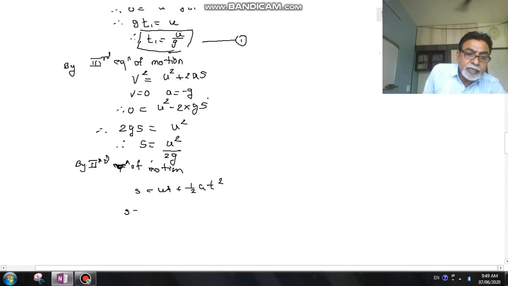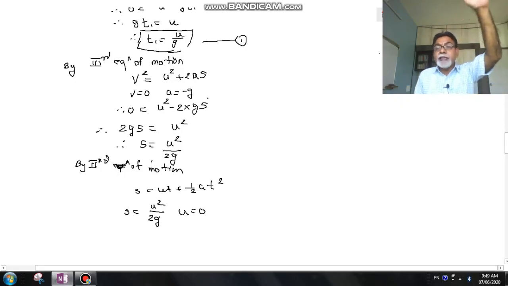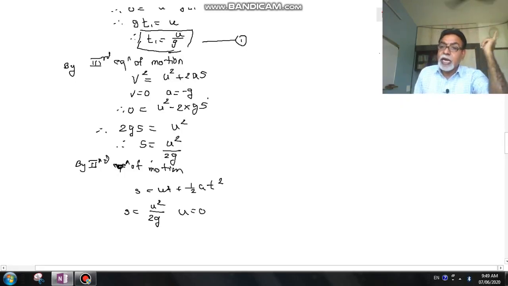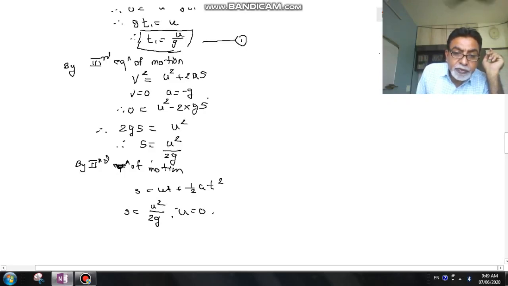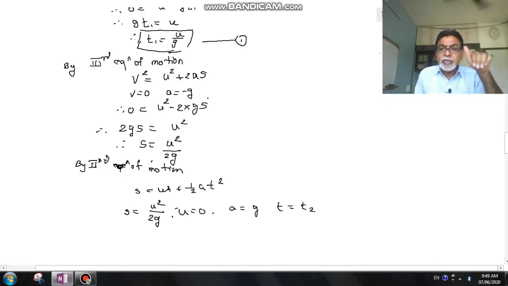The distance s is the same as we found above, u square upon 2g. Now u is equal to 0, because the final velocity at the top becomes the initial velocity while coming down, and that is 0. So we put u equal to 0, a equal to g, and t equal to t2. Now there is no need to take g as minus, because all the quantities are acting vertically downward, so no need for sign convention here.